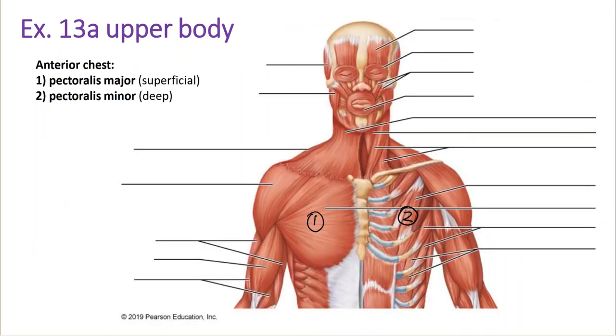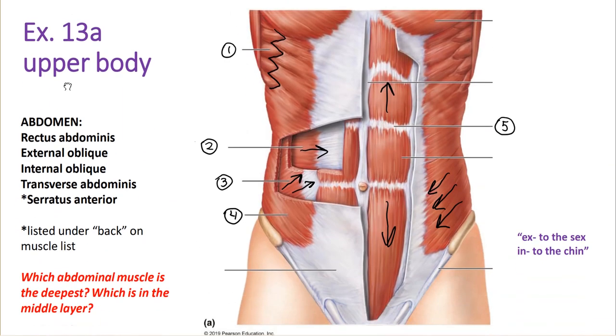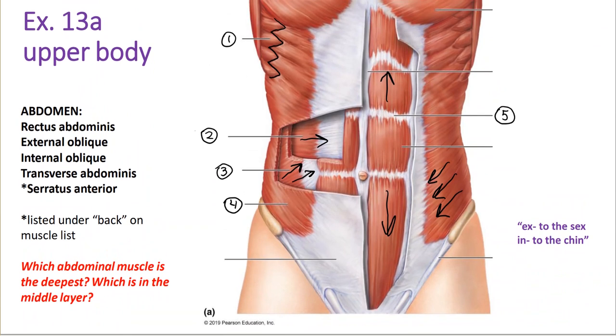Upper body. Think about superficial and deep muscles. Abdominal muscles. And so remember from the first lab report, the direction of muscle fibers has a lot to do with the names of these abdominal muscles.